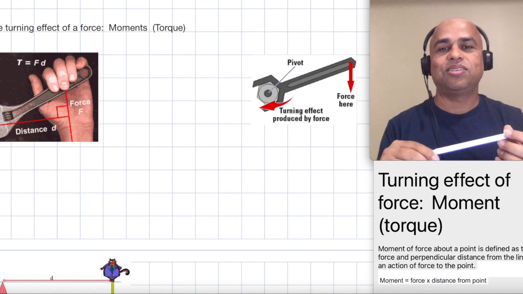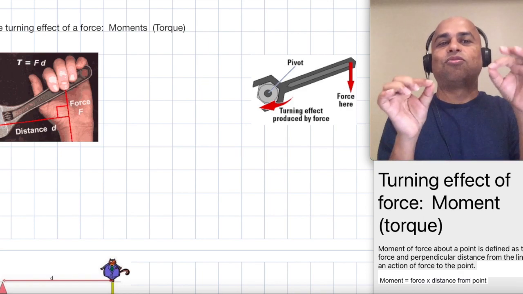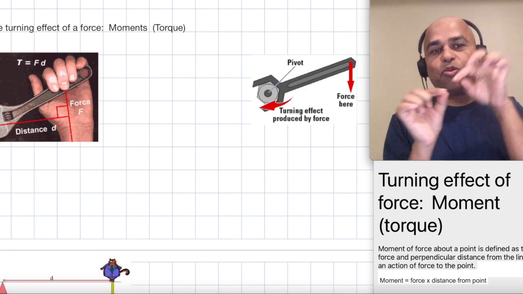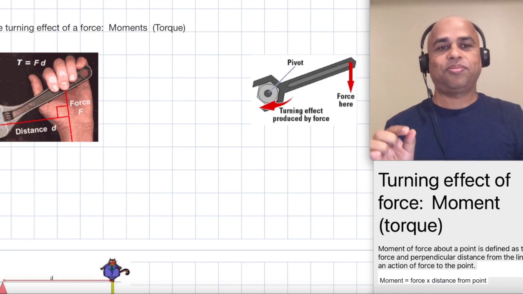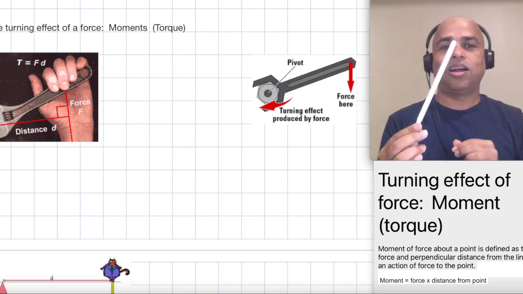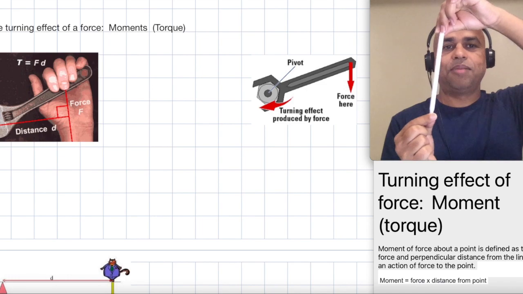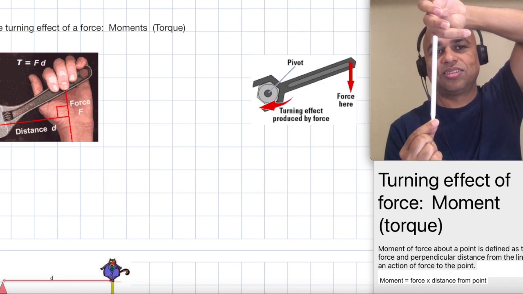The moment can be measured using the force and the perpendicular distance from the force to the point, this point. And what about the direction of the force? Suppose I'm turning this pen here. I'm applying the force in this direction, right?